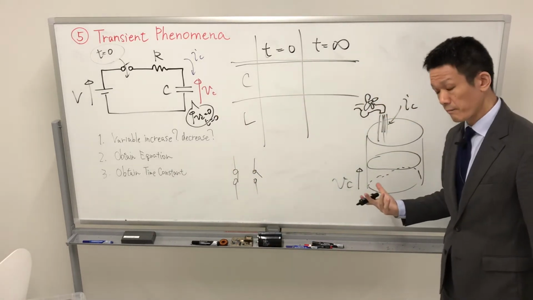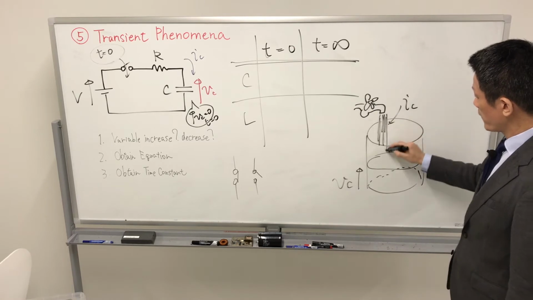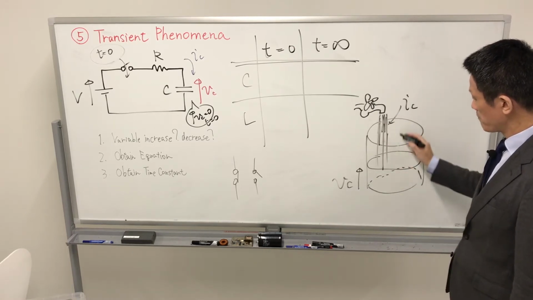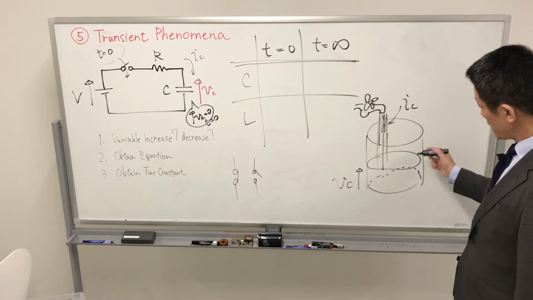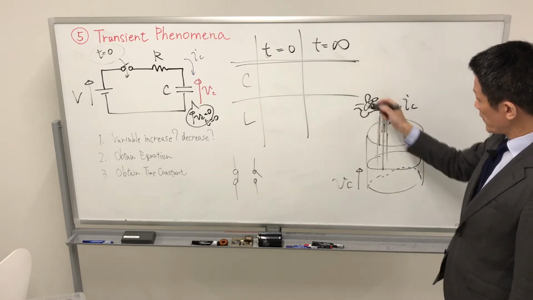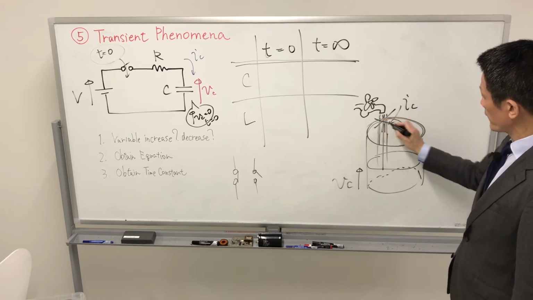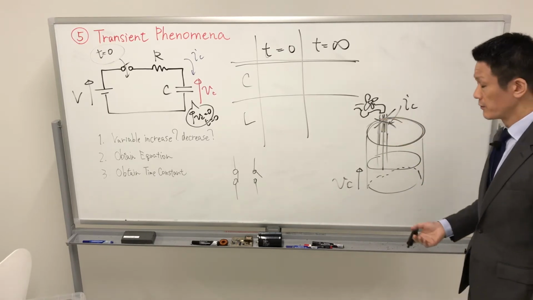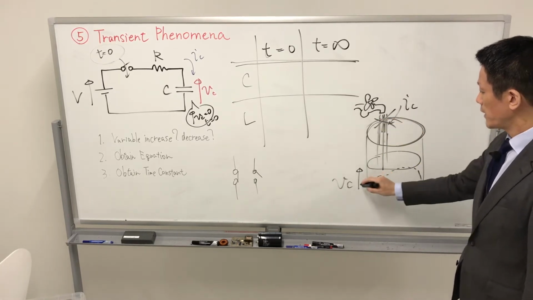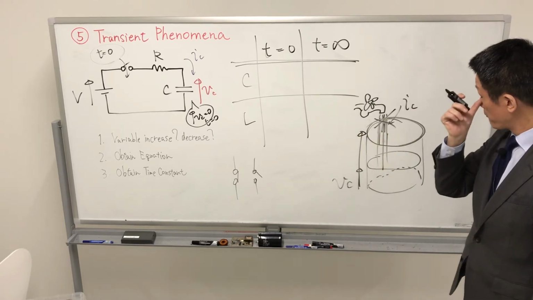No charge, so current can flow through into this bucket, and at infinity, the bucket is filled, the current cannot flow through, and VC is the max value.